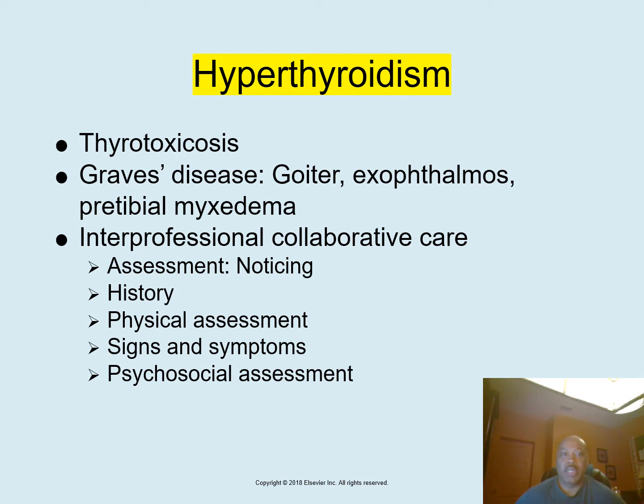Now this will also lead to an increase in production of thyroid hormones, also known as thyrotoxicosis. This condition results in that sympathetic nervous system activity or response that we talked about. Now, Graves' disease has the same signs and symptoms of hyperthyroidism, plus it results in exophthalmos, as we refer to it, or that protrusion of the eyes.